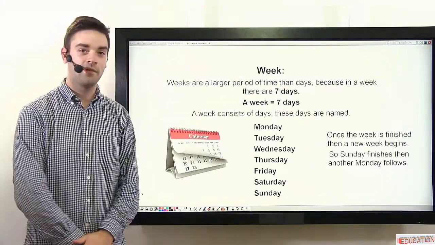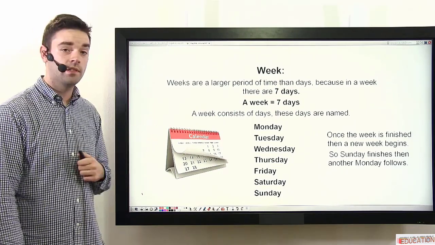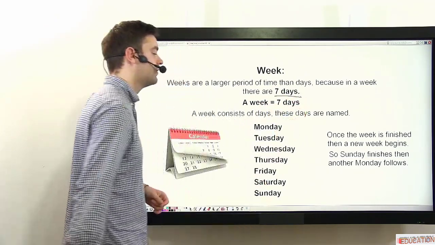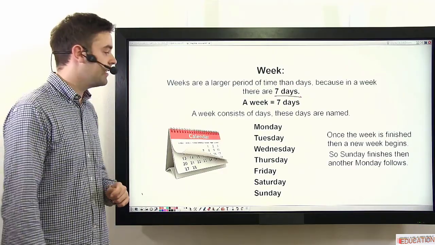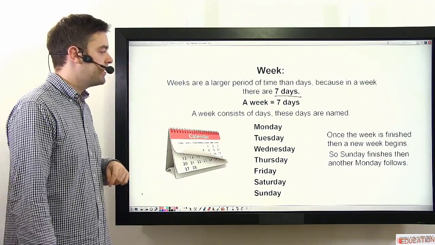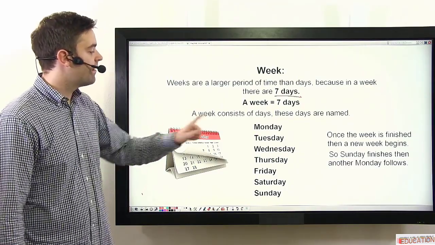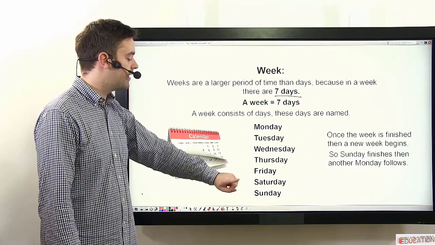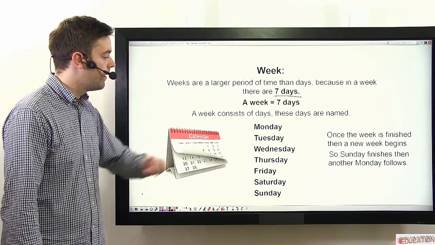After days, we have weeks. Weeks are a larger period of time than days, because in a week we have 7 days. So a week equals 7 days. A week consists of days, and these days are named. We have Monday, Tuesday, Wednesday, Thursday, Friday, Saturday, and Sunday.